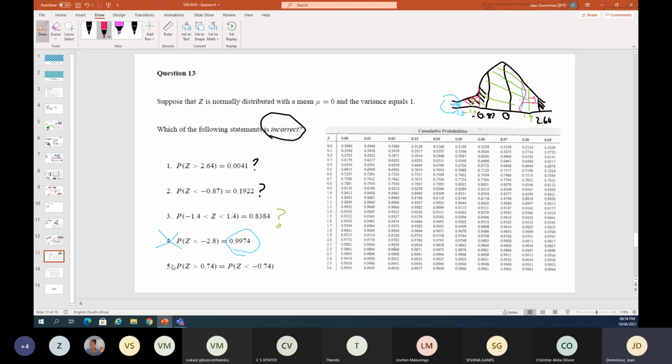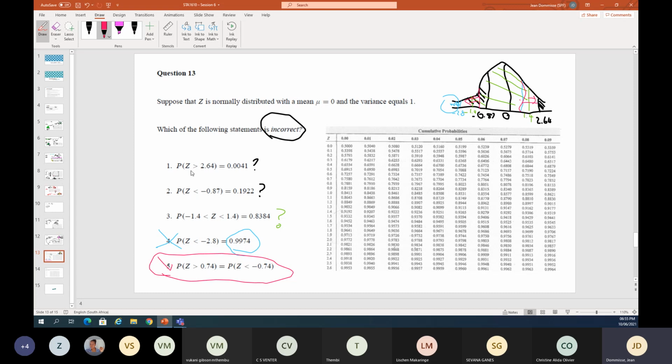That one is definitely correct because of the symmetry. So basically I have eliminated option 4 just by looking at what I've done, but let's quickly look at these answers.